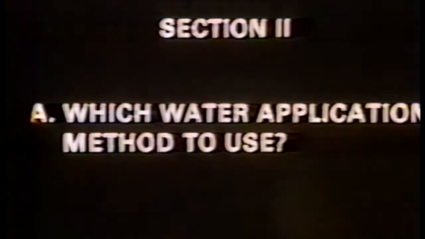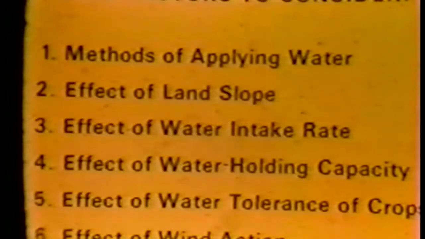When a farmer has decided to use irrigation, the next job is to decide which water application method to use. When selecting an irrigation method, several factors should be considered: what water application method to use, the effect of land slope, the effect of the soil's water intake, the effect of water holding capacity, the effect of water tolerance of crops, and the effect of wind action.